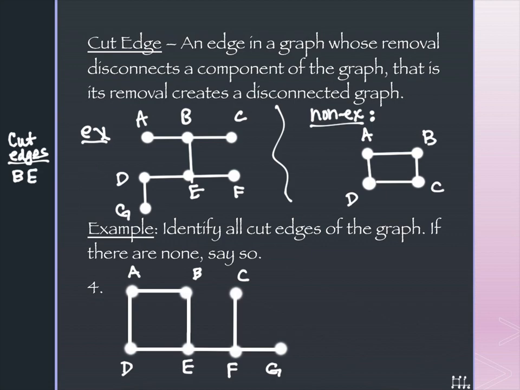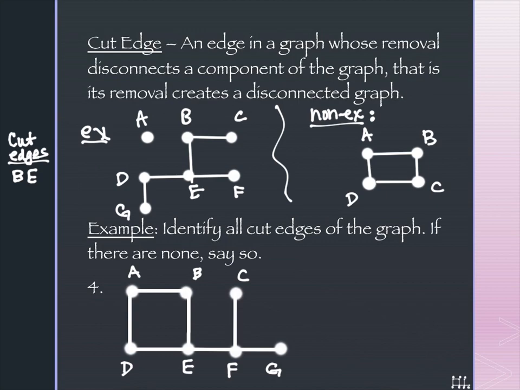Let me show you another cut edge. AB is a cut edge. The reason AB is a cut edge is because vertex A is still a part of the graph that is now disconnected from the rest of it. I cannot get from point A to any other piece on the graph.